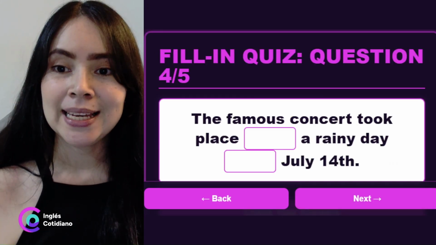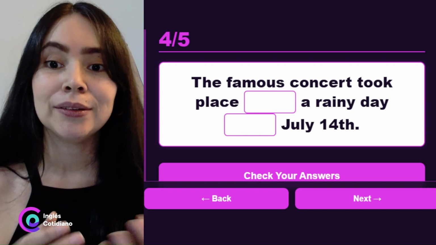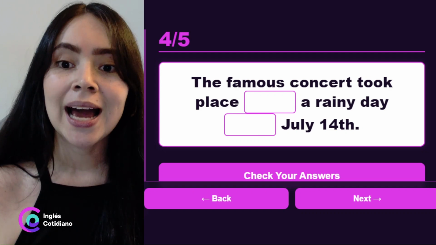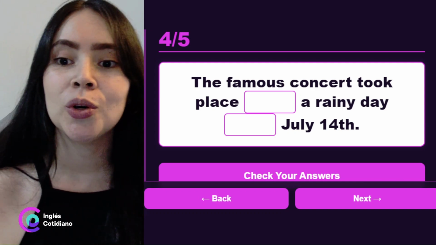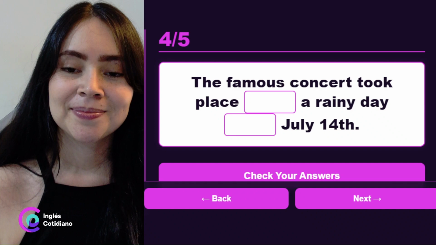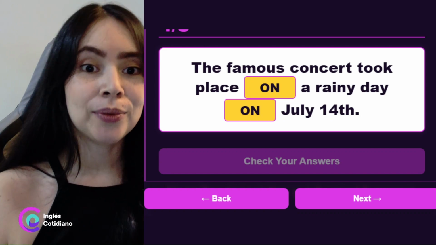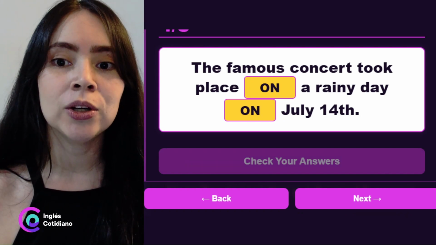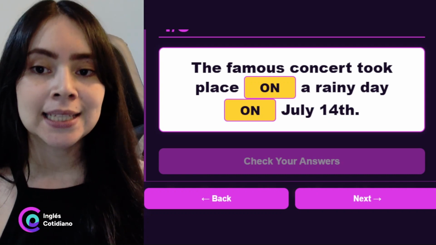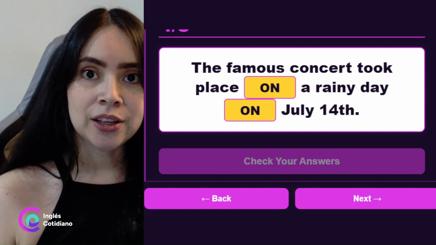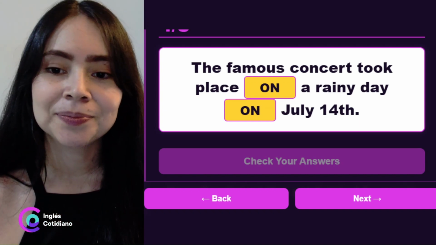The next example is: the famous concert took place blank a rainy day, blank July 14th. The famous concert took place on a rainy day. Why do we say on? Because we say on day. On a rainy day, on July 14th. July 14th is a complete date.